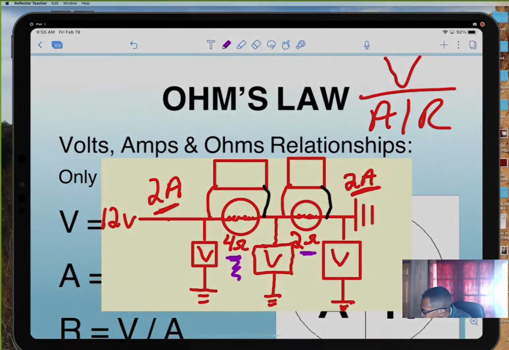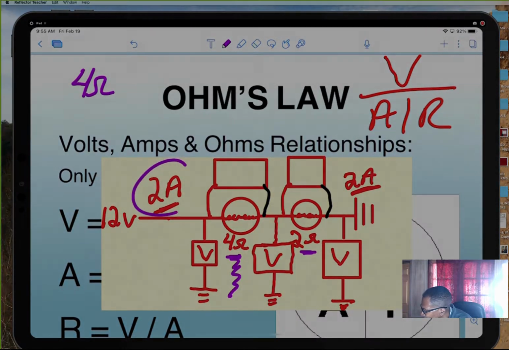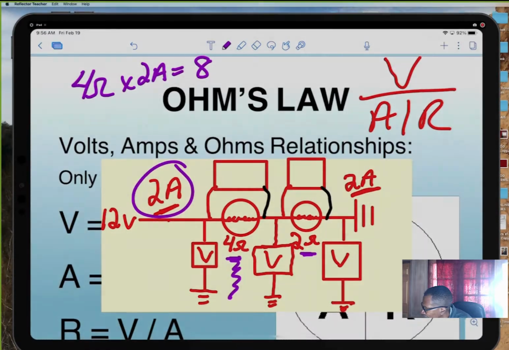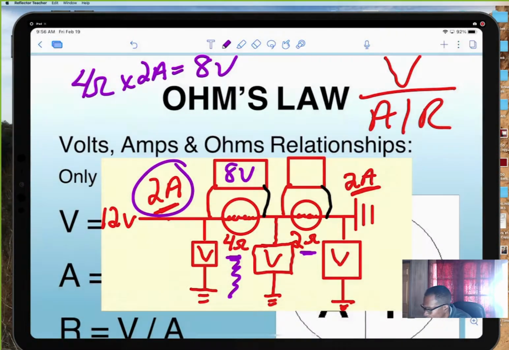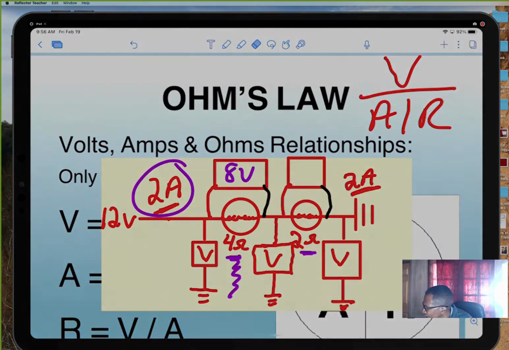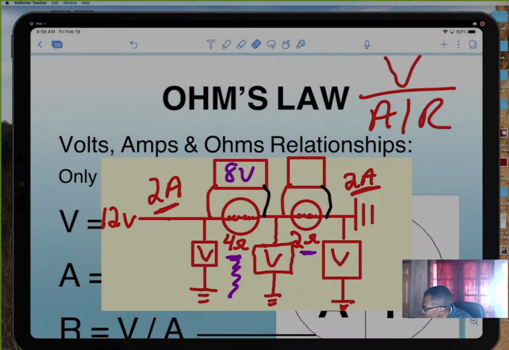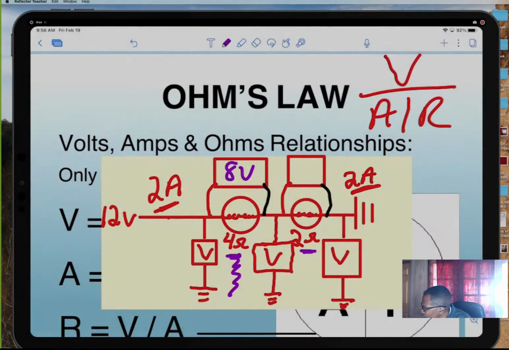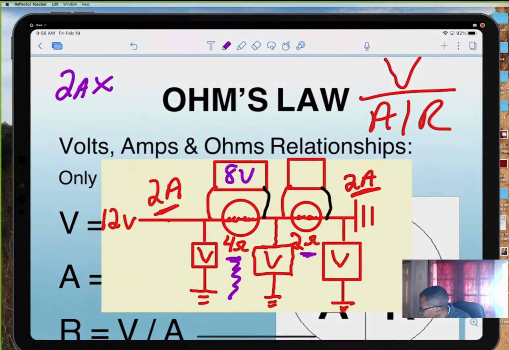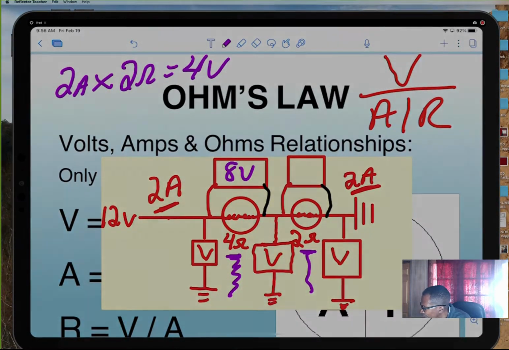4 ohms times the amperage equals an 8 volt drop. And you do the same thing with the next one. Amp stays the same, so it's 2 amps times 2 ohms equals a 4 volt drop.